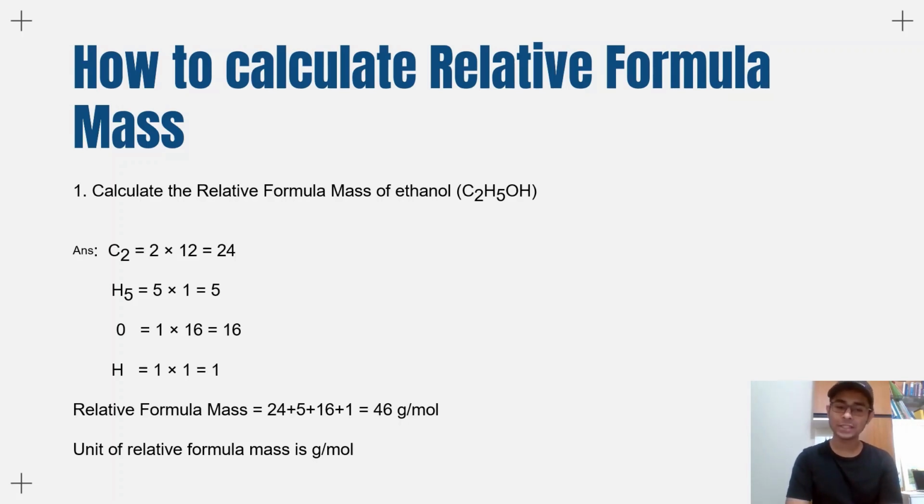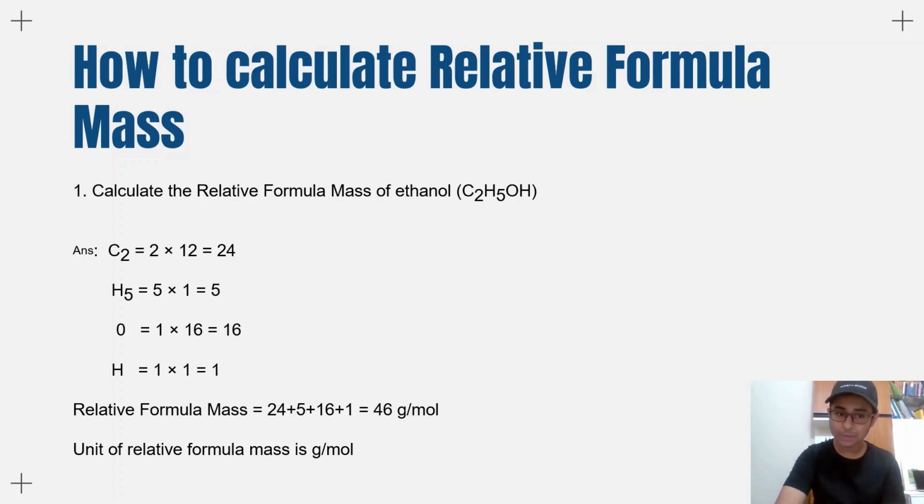So how to find it? Let's see. First, divide this formula into elements. So we have carbon, C2, we have hydrogen, H5, then oxygen, O, and then again hydrogen, H. Carbon has a relative atomic mass of 12.